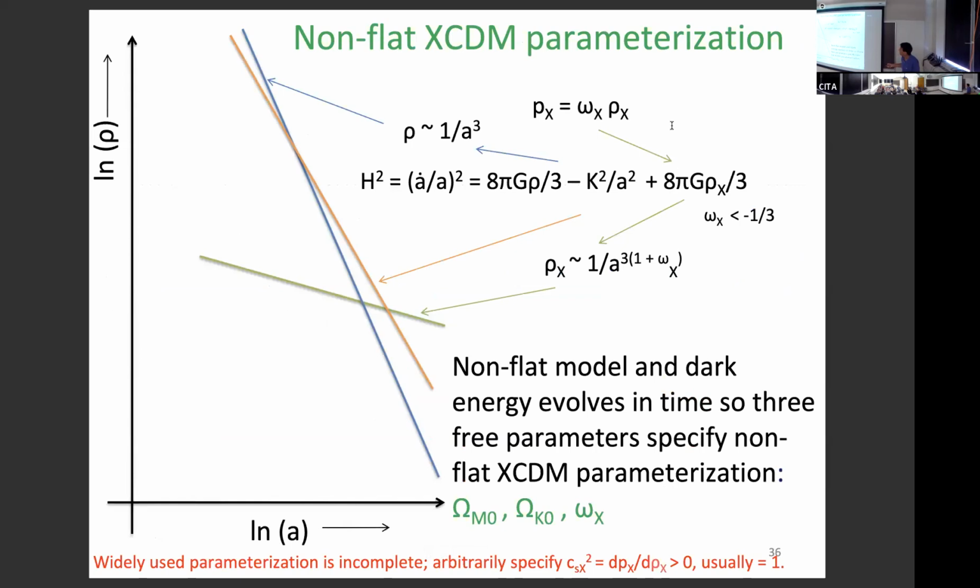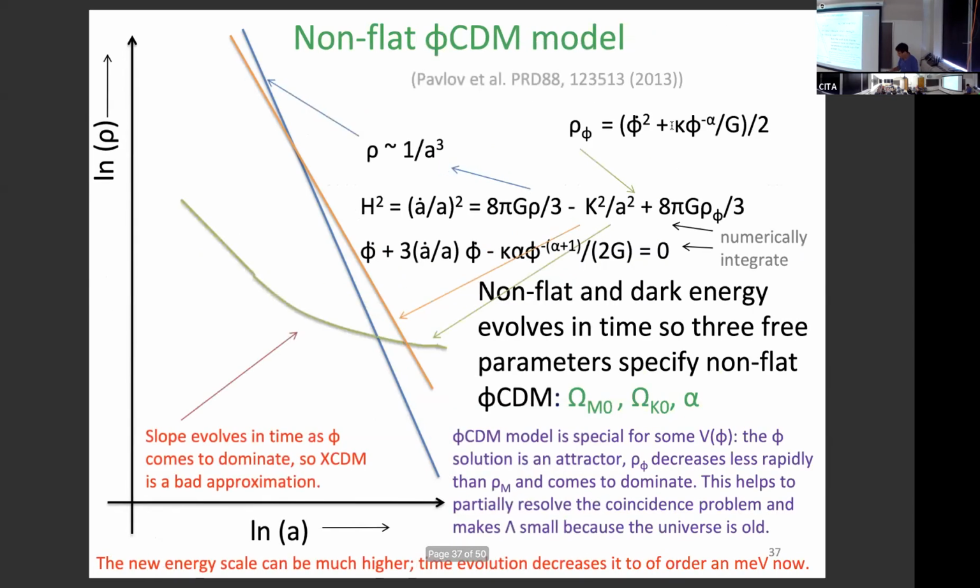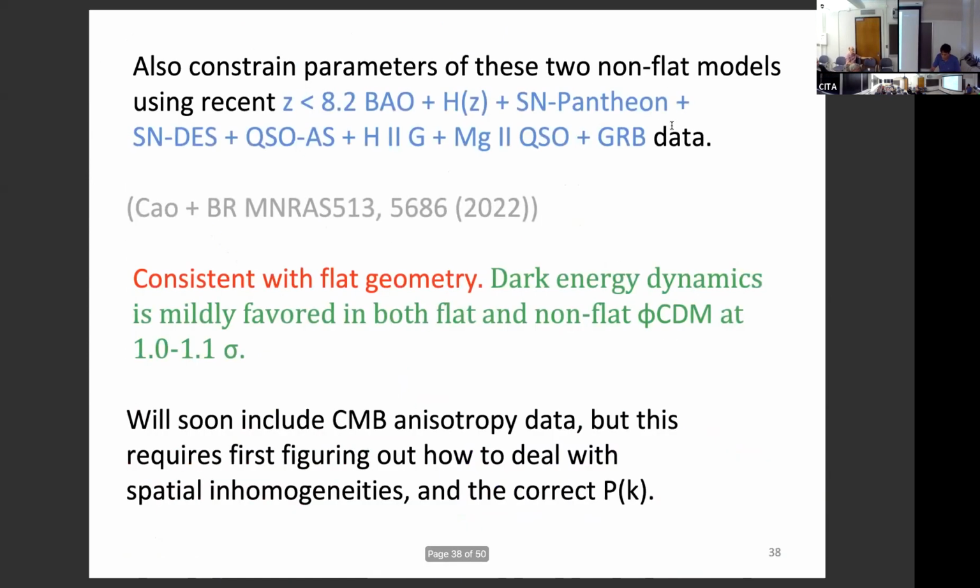I looked at the XCDM parameterization by putting back in spatial curvature, and now you have 3 parameters, and I'll choose omega curvature to be the 3rd parameter. The same thing with the scalar field model: omega matter, omega curvature, and alpha. And we want to try to do this in a way that's completely independent of the CMB.